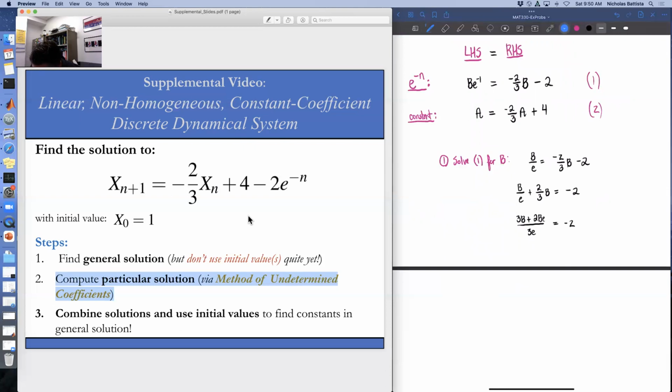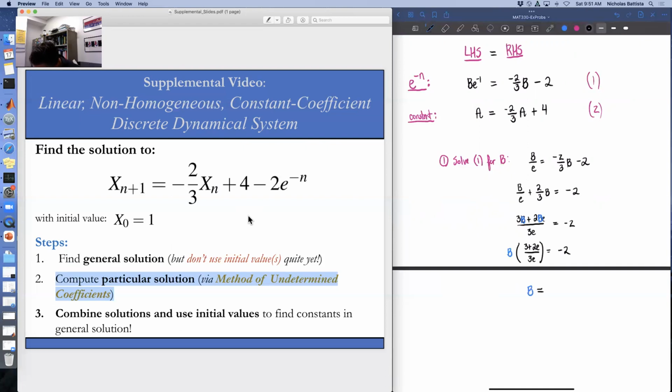From this, we can factor out a b from both of these terms. And this looks like we have (3 plus 2e) all over 3e times b is equal to minus 2. From here, we can figure out what b is just by dividing that factor on both sides.